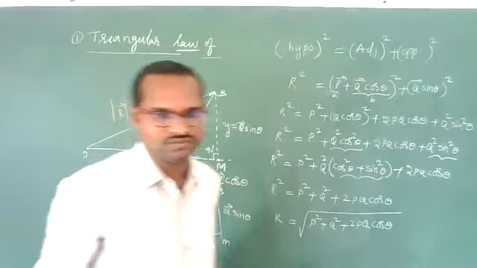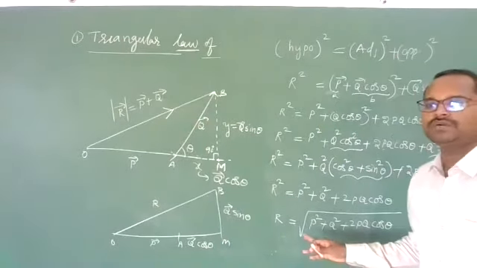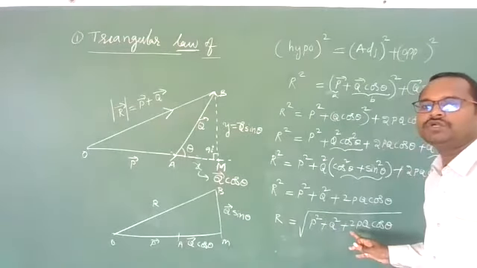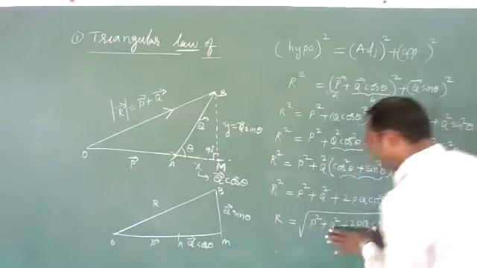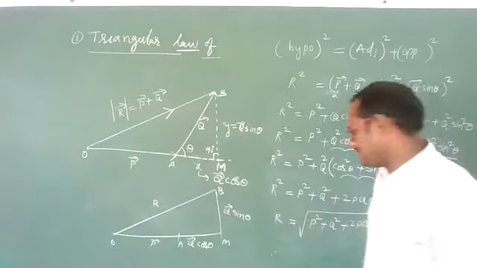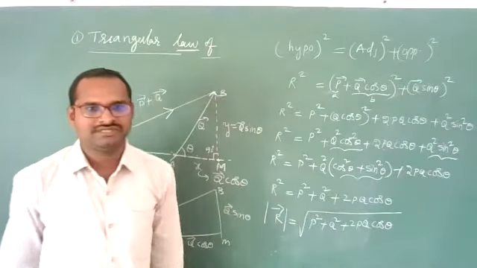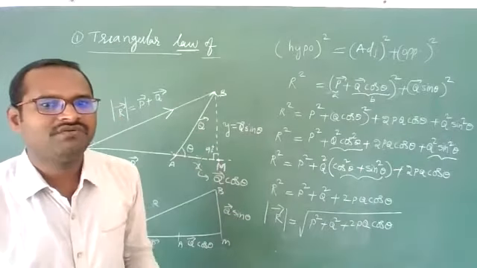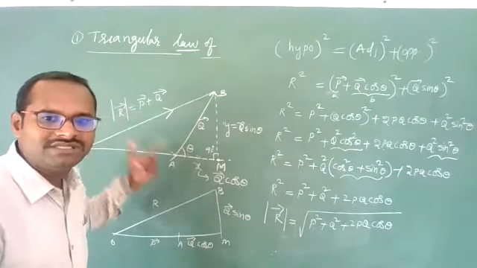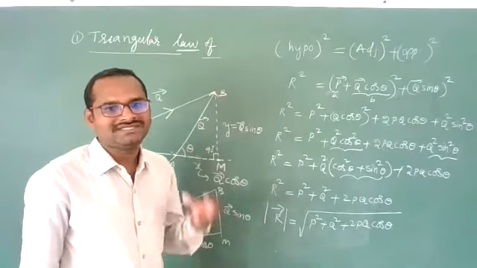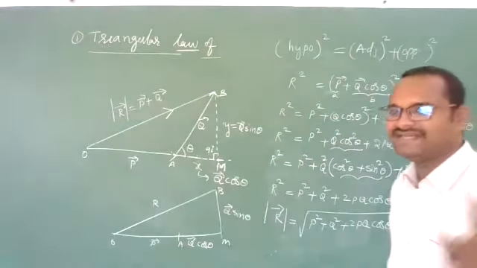By using this triangular law, you have the formula R is equal to root of P square plus Q square plus 2PQ cos theta. This total gives you the magnitude of R bar, the resultant vector modulus. It gives you only magnitude. But when two vectors are added together, you should again get a vector, means we should have a direction also. In which direction this resultant vector is, we want. Yes, we have to find the direction also.